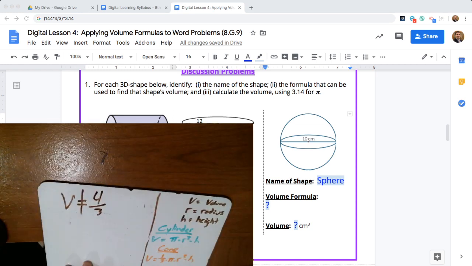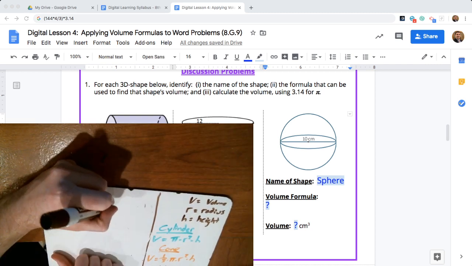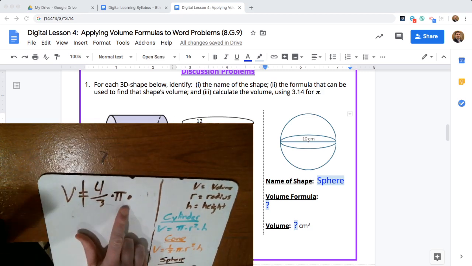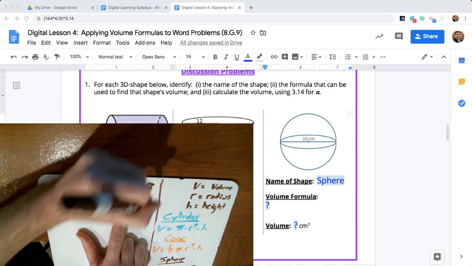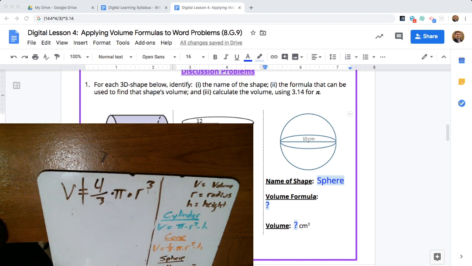It's V equals 4/3 multiplied by pi, which we're going to use 3.14 for, multiplied by the radius raised to the third power. All three dimensions for a sphere are determined by the radius, so the volume formula only needs to know what the radius of the sphere is.